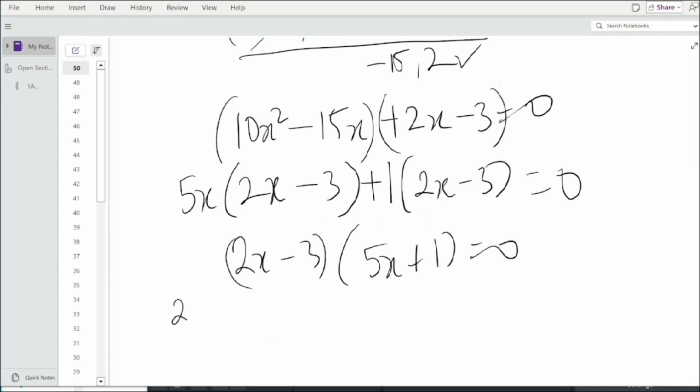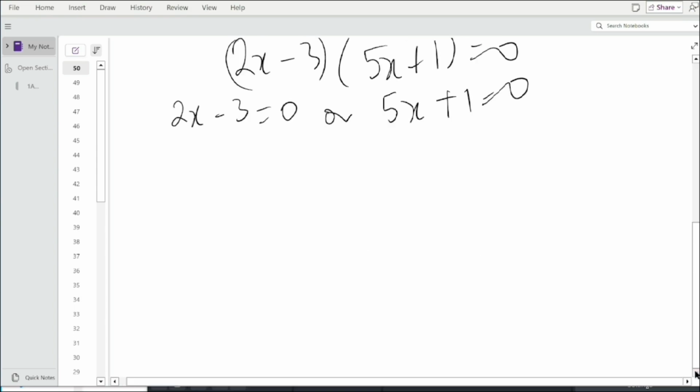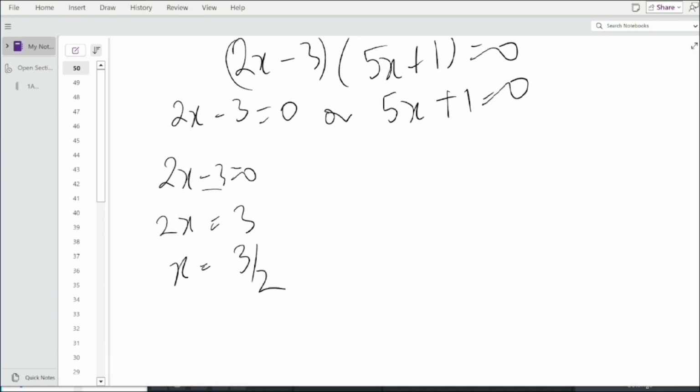On the next line, you can say 2x minus 3 equals 0, or 5x plus 1 equals 0. For 2x minus 3 equals 0, 2x equals 3, since minus 3 crosses the equals sign and turns to plus 3. X is 3 over 2. On the other side, you have 5x plus 1 equals 0.